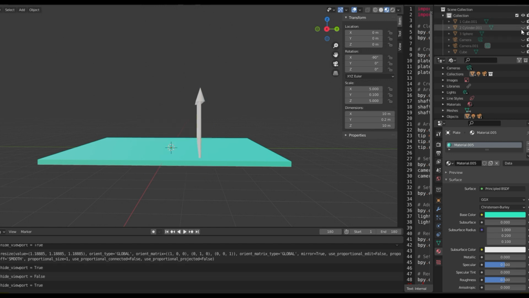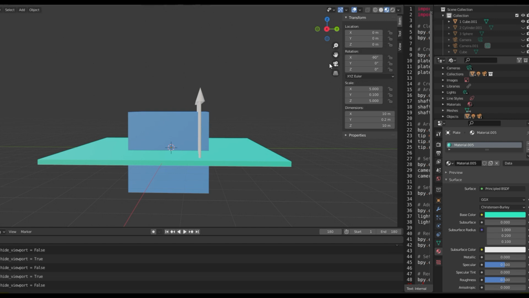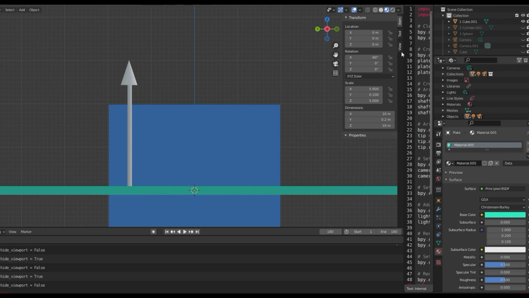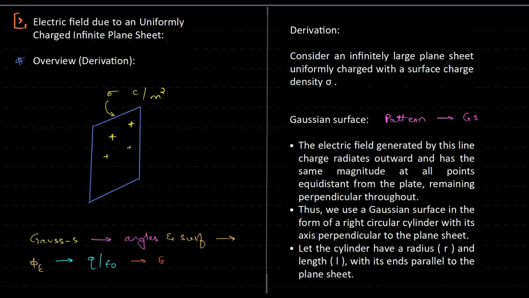While when it comes to a cylinder or a cube, they are always at an angle of 90 degrees. Can you see that? Even a cylinder is so. So the Gaussian surface can be either a cylinder or a cube or a cuboid. With that, we can just derive it, it's not that big a deal, it's kind of convenient.